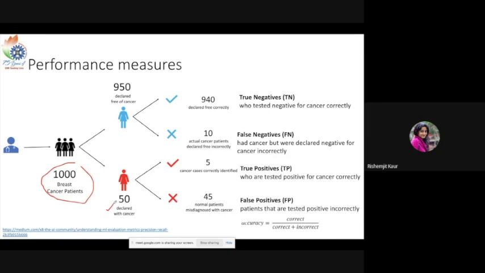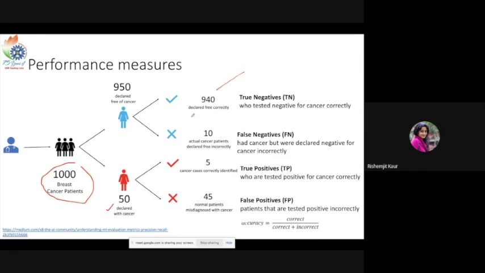So we have 1000 patients, out of which 950 were declared, let's say, free of cancer, and the 50 were declared with cancer. Now what happens is, out of those 950, 940 which were declared free of cancer, the patients which we said do not have any cancer, that was correct.